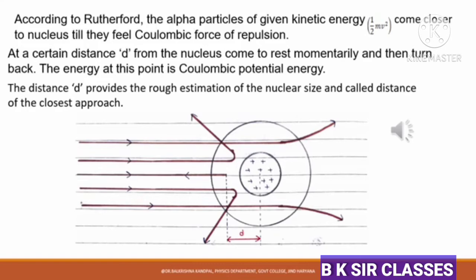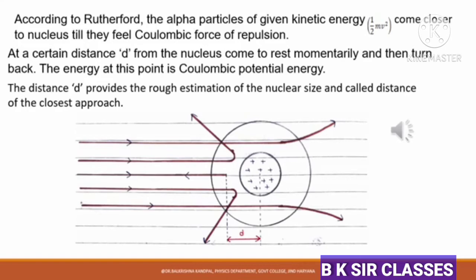As in this diagram, at the distance d the particle comes to rest momentarily and then turns back. The energy at this point is Coulombic potential energy.